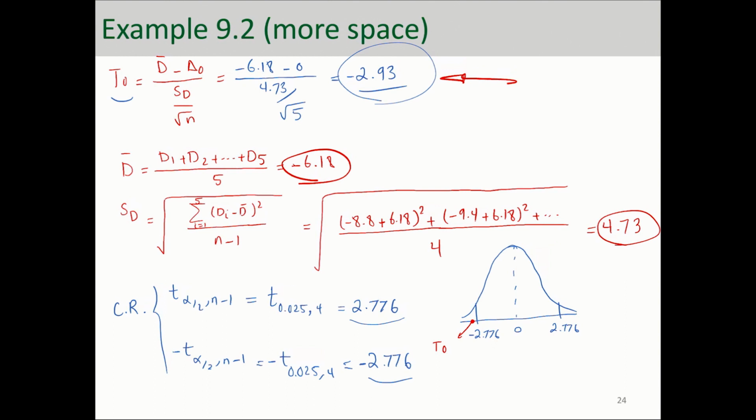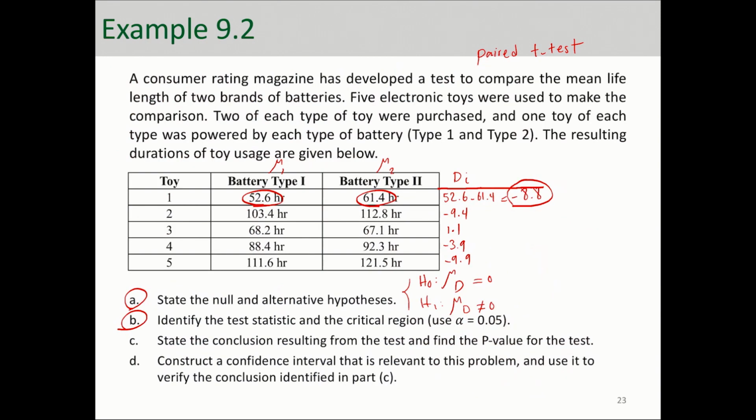So we basically say, since our test stat is less than negative 2.776, we reject the null hypothesis. And the null hypothesis was there is no difference between battery type 1 and 2, and we rejected that, meaning that there is a difference.